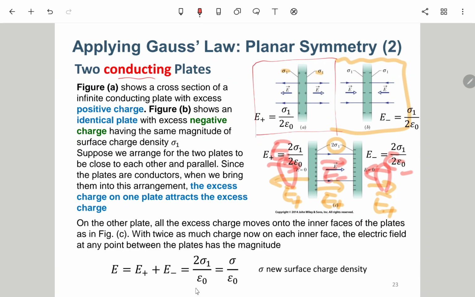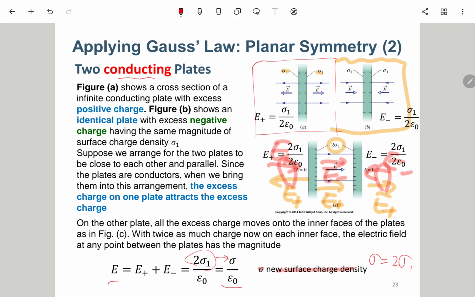Here we define sigma to be the new surface charge density, sigma equals 2 times sigma 1. So finally we have E equals sigma over epsilon naught.